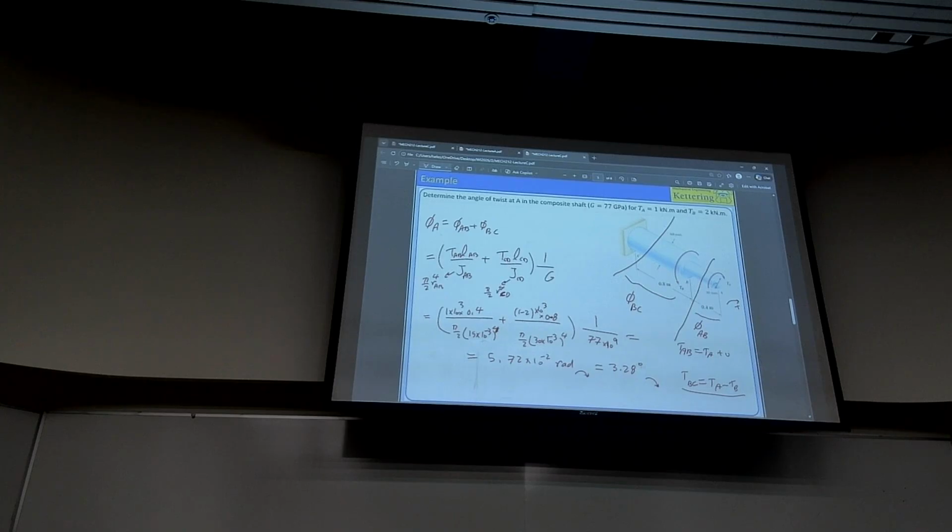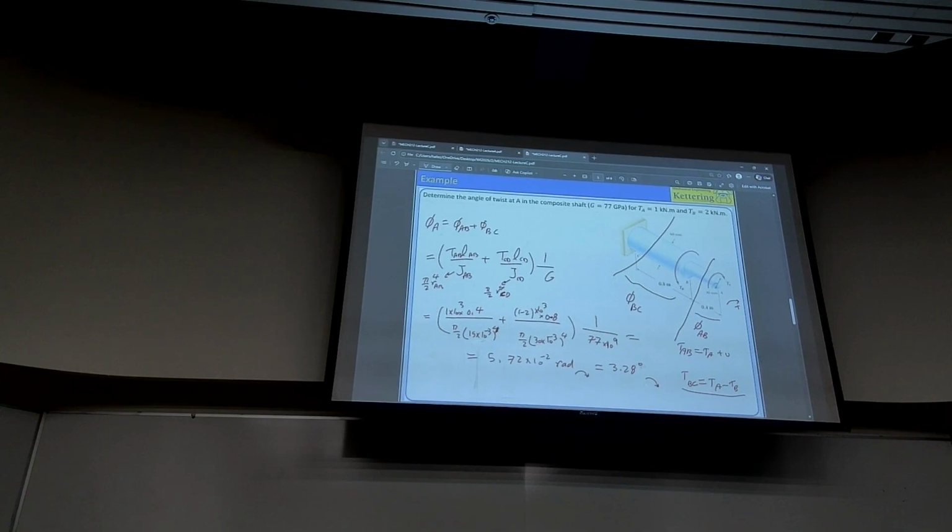In the homework you're supposed to know this, but let me review. There are two torques externally applied. You have to consider the effect of each one at a time.